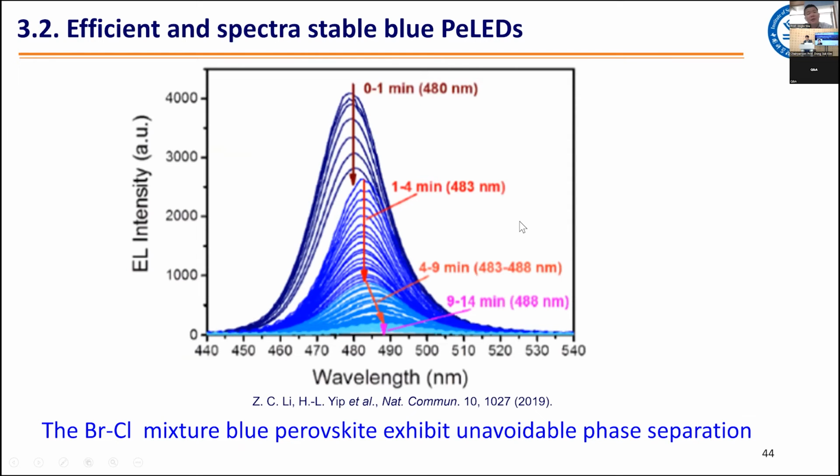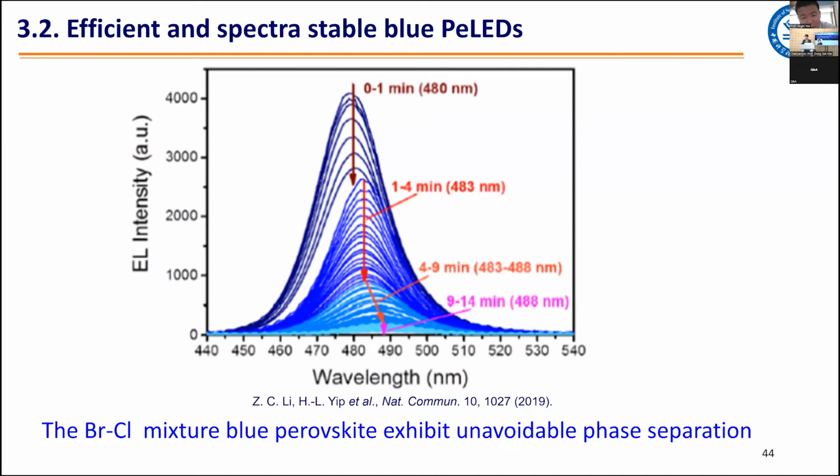And the last part is efficient and spectrally stable perovskite blue emission. Blue emission is always a challenge for each type of light-emitting diode. For the perovskite light-emitting diode in the blue region, if we want to get blue, the simple way is a mixture of bromide and chloride.